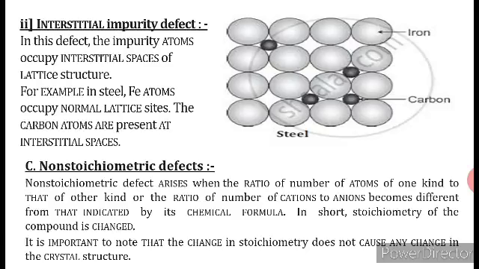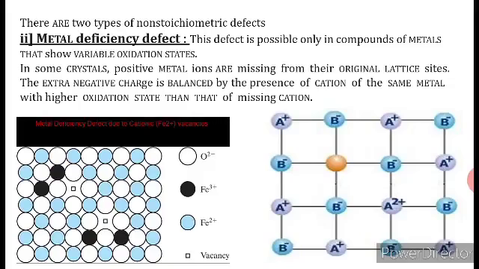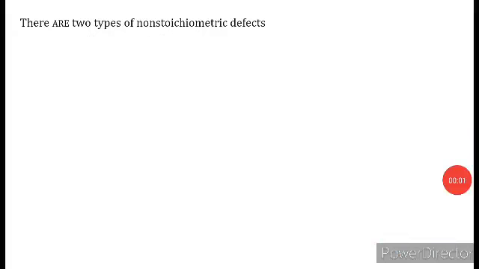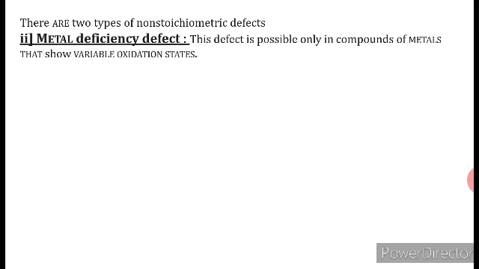So again, this non-stoichiometric defect is also classified into two categories: metal deficiency defect and metal excess defect. Clear? So as we started the discussion about non-stoichiometric defects, there are two types. Out of them, the first is metal deficiency defect.